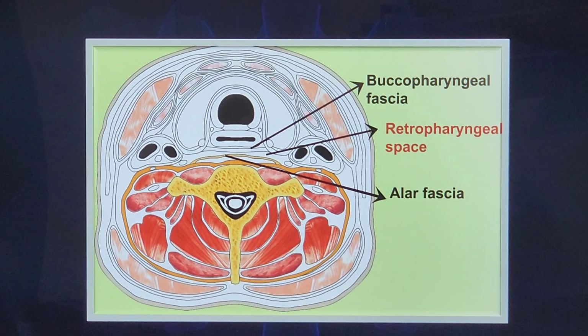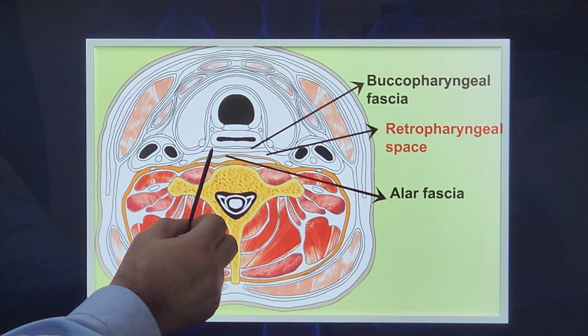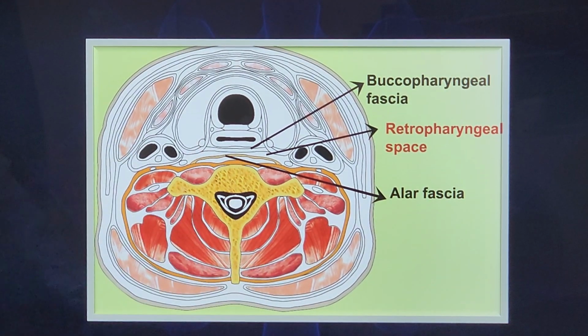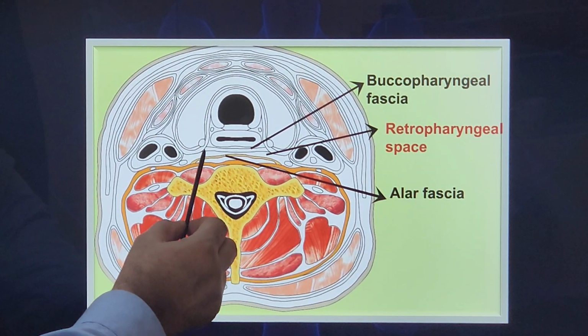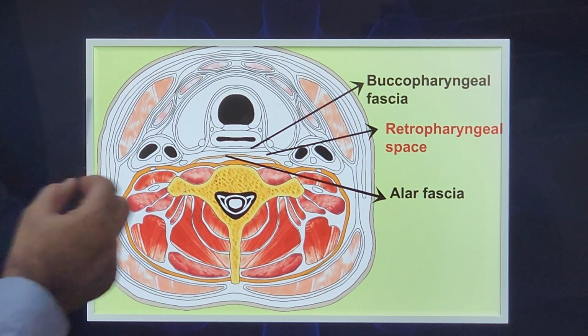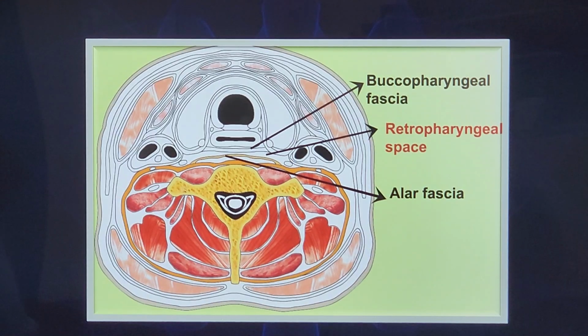True retropharyngeal space is between the buccopharyngeal fascia and the alar fascia. So the alar fascia divides into anterior and posterior. The anterior one extends from the base of the skull up to T1, blends up to T4 vertebrae.